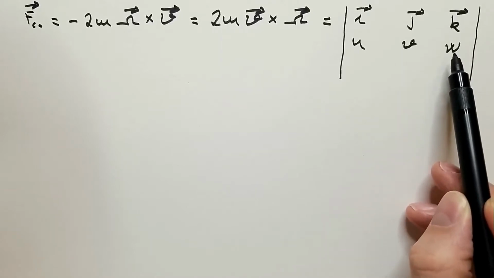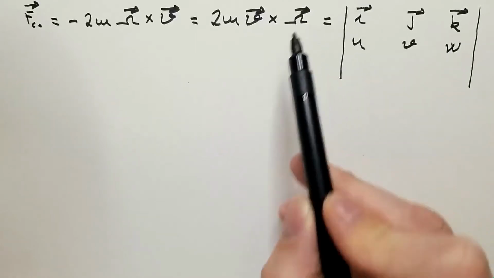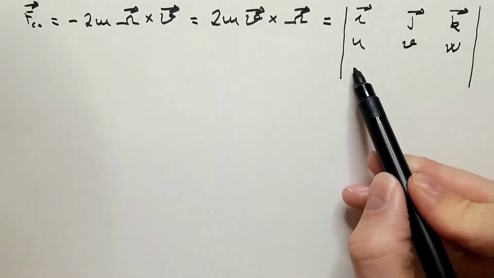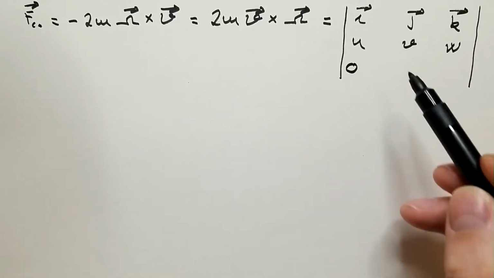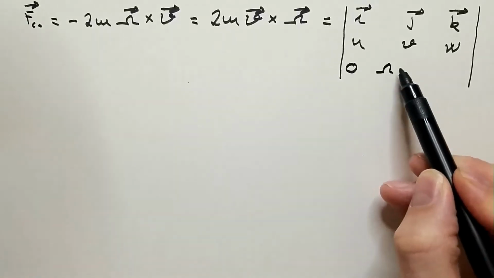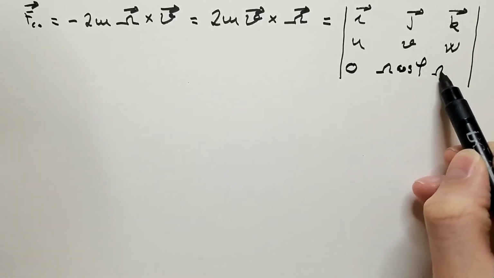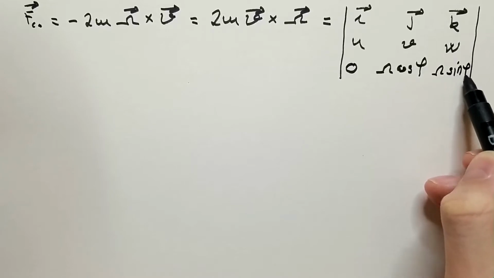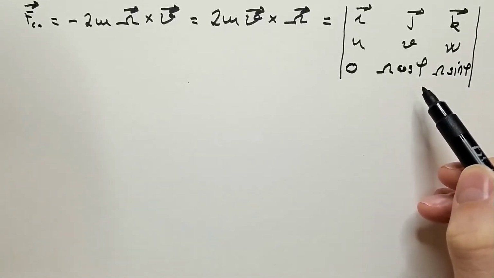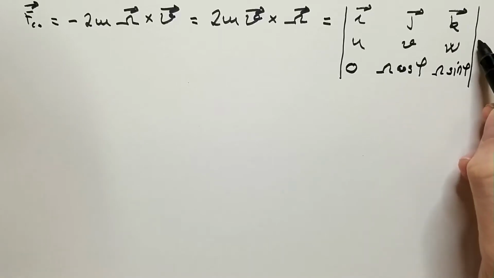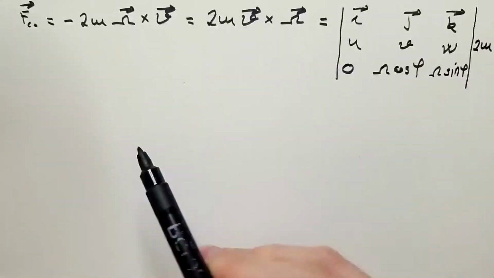And w is the vertical wind component, so positive upwards. Components of omega, from my previous video on the centrifugal force, we know are 0, omega cosine phi, and omega sine phi, where phi is latitude. And of course, I have to multiply all this with 2m.